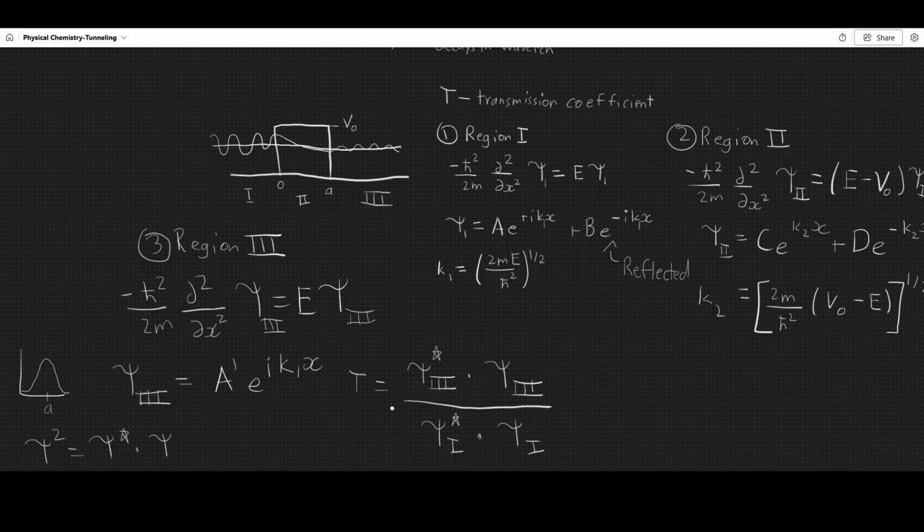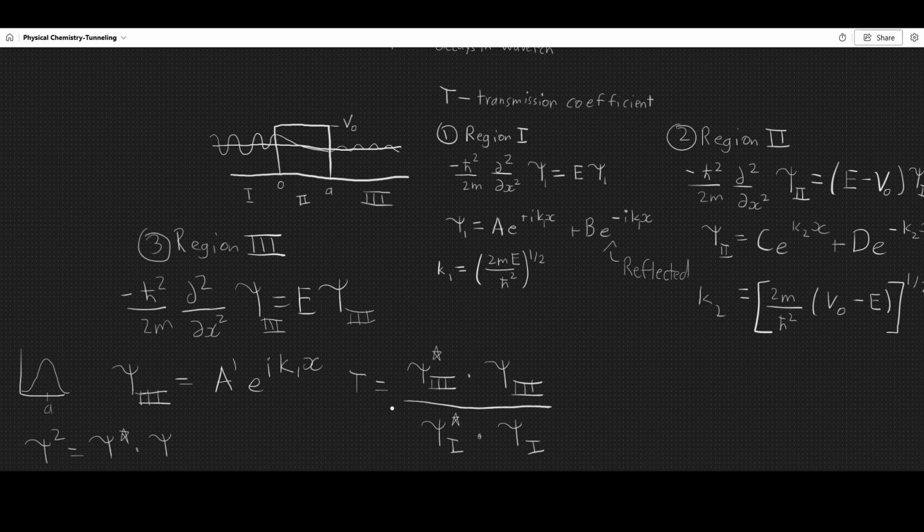And so if we apply that same reasoning here, this is telling us the probability distribution in region 3. So it tells us where the particle is most likely to be found in region 3. And the same thing is being said for the first one: where is the particle most likely to be in region 1? If we divide the two, we can tell what amount of the particles that we had in region 1, because that's where all the particles were at some point, are now in region 3.